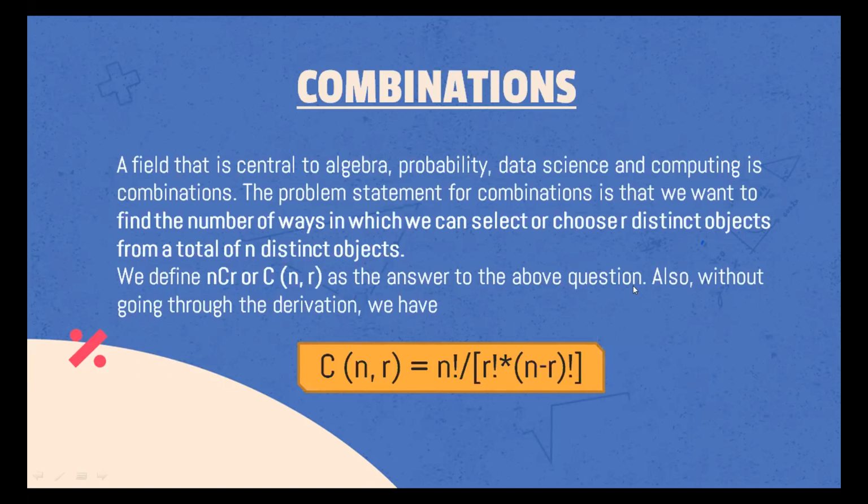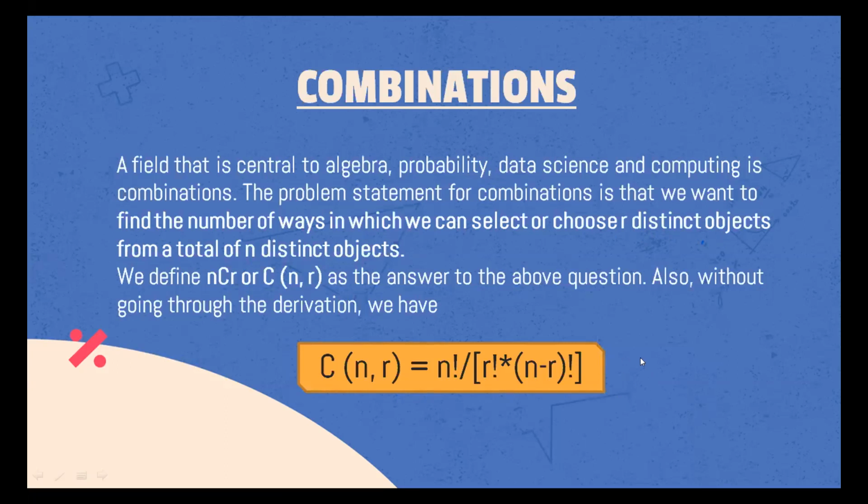And what is the question? The number of ways in which we can select or choose r distinct objects from a total of n distinct objects is nCr. So we just defined the answer, without going through the derivation because it is out of scope; we could have done it, but let it be.